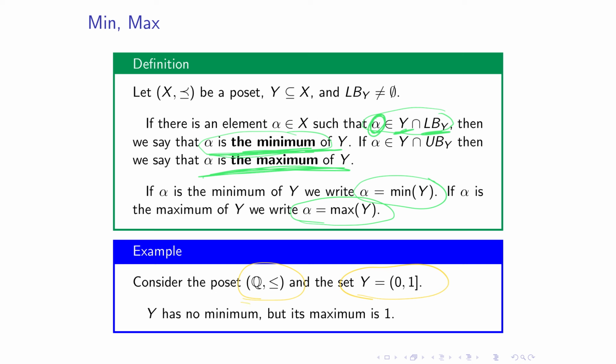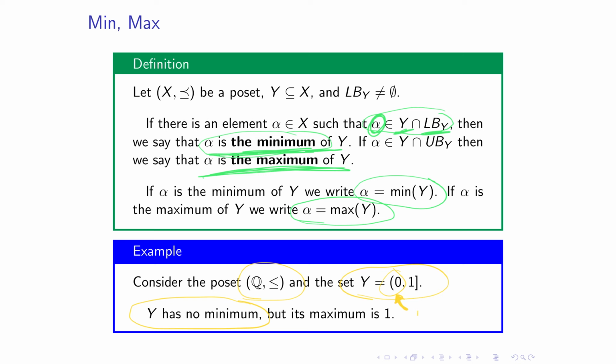So this set Y has no minimum, because we would want to talk about the minimum being like 0. In some sense, that's almost the minimum, but 0 is not in the set. And if you go any bit bigger than 0, then that's not going to be a lower bound, because if you take any positive number, there's going to be a number in Y between that number and 0.